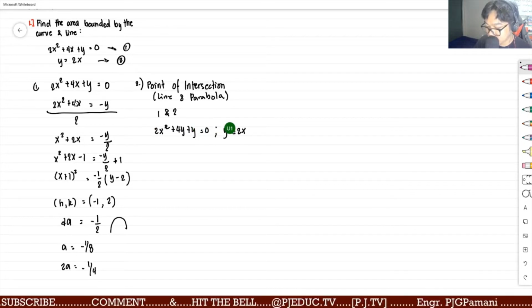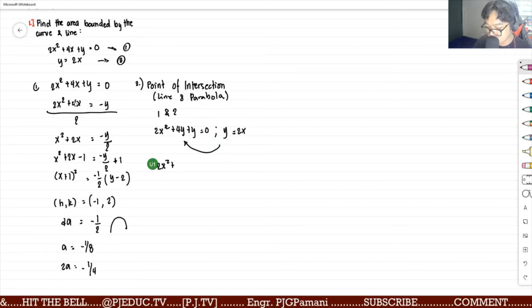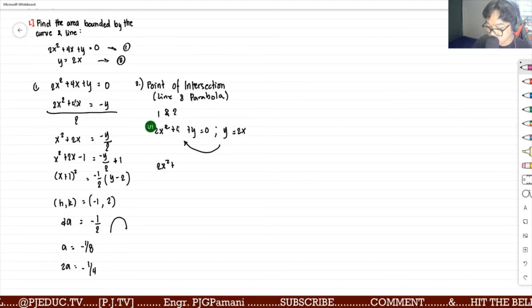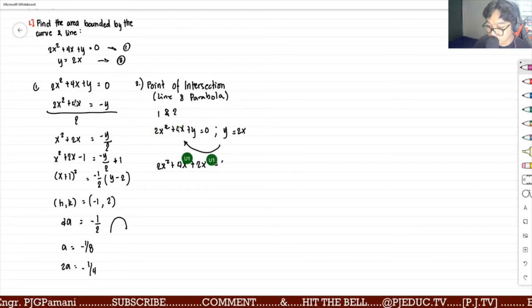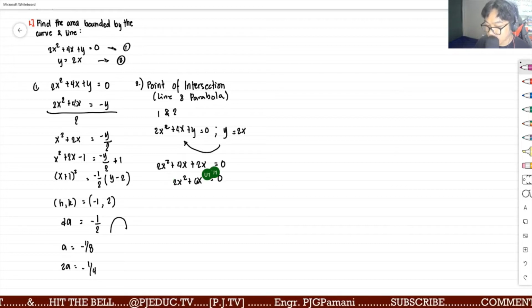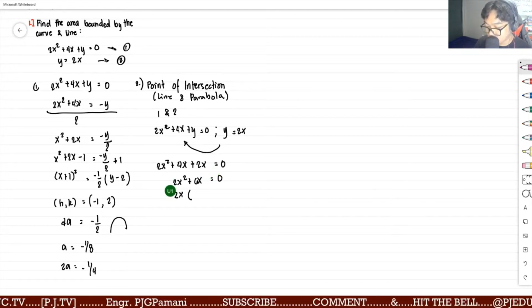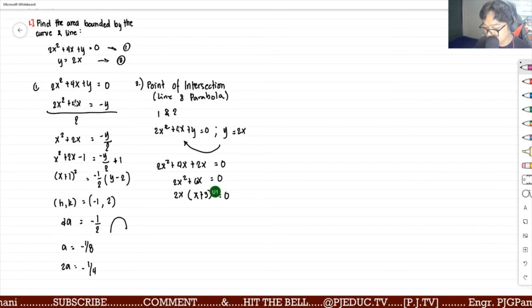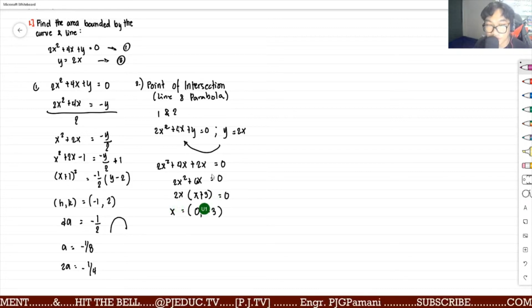Simply substitute that into equation 1, gives us 2x squared plus 4x plus 2x is equal to 0, or 2x squared plus 6x is equal to 0. Factor out lang natin. That is 2x times x plus 3. So with that, x could be equal now to 0 and negative 3.